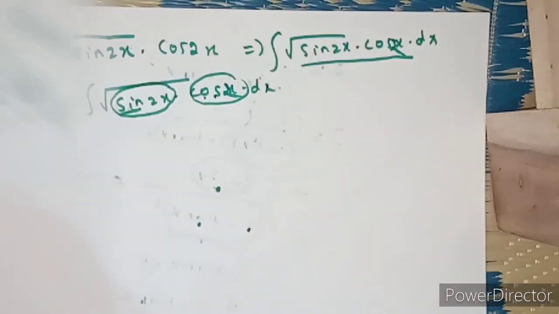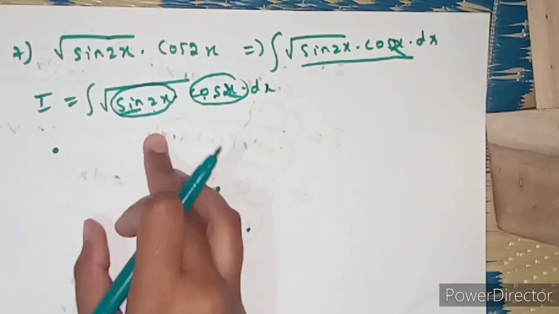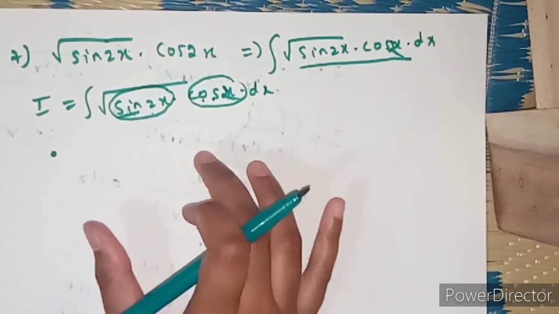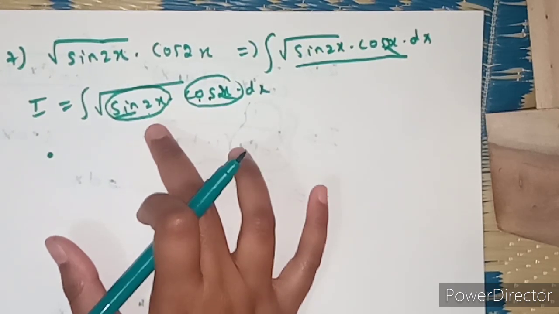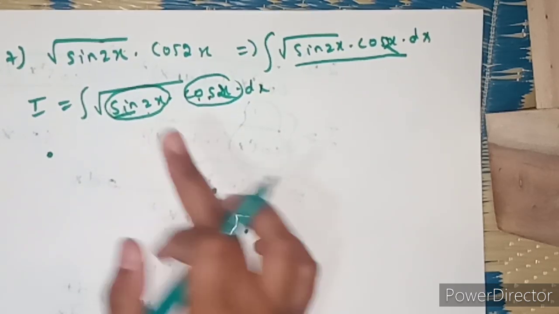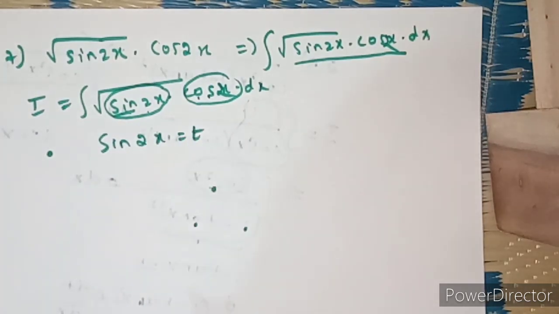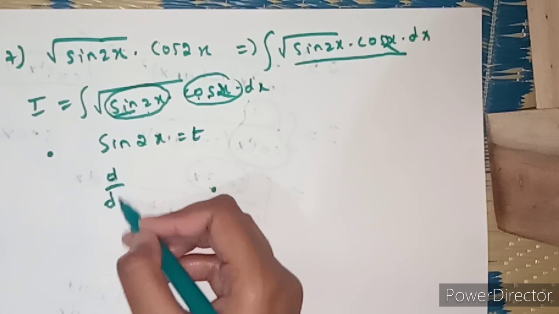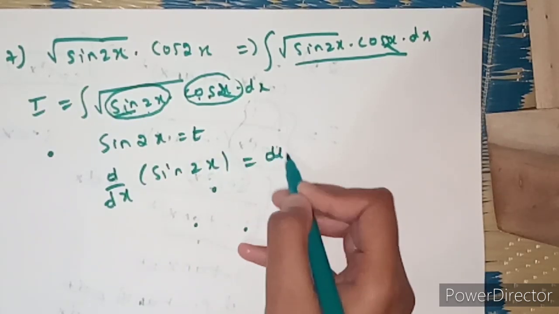But here we have square root of sin 2x into dx, so we cannot substitute minus dt upon 2 here. So we have to take this sin 2x as t. Sin 2x is equals to t. Now differentiate: d by dx of sin 2x is equals to dt upon dx.